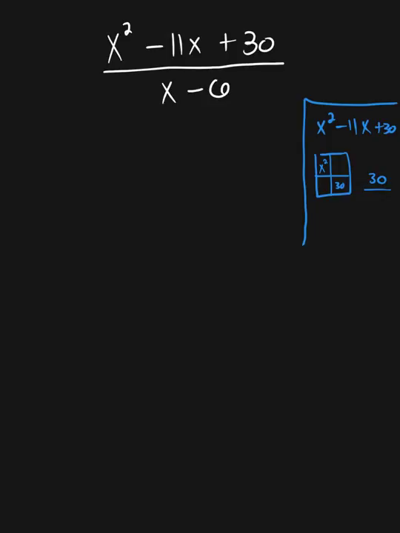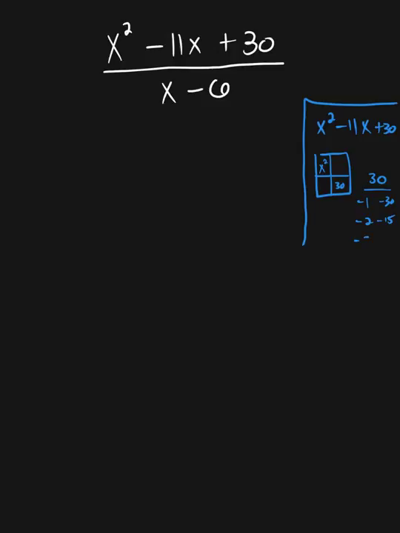We can try negative, well, we need to start with negative numbers. So I'm going to start with negative 1 and negative 30. Well, no, that doesn't add up to negative 11. Negative 2 and negative 15. No, that doesn't add up to negative 11.